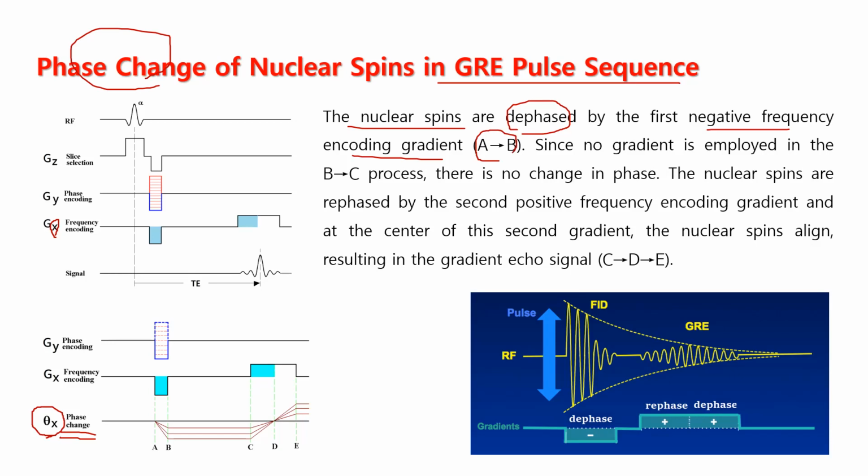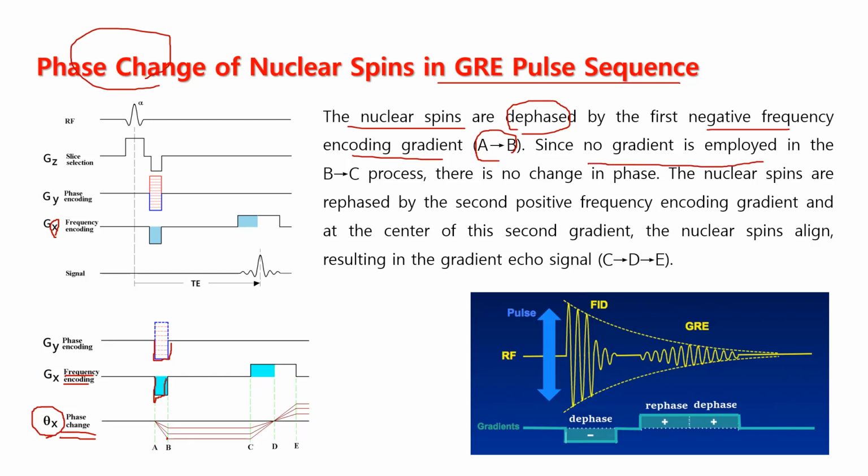The process from A to B, we use the negative largest phase encoding gradient first, and the frequency encoding gradient is also negative. So here theta x means this frequency encoding gradient, so from A to B phases become negative.